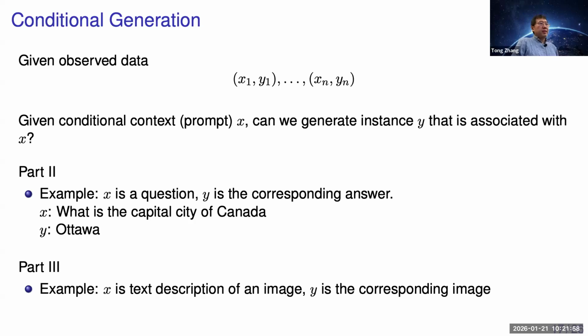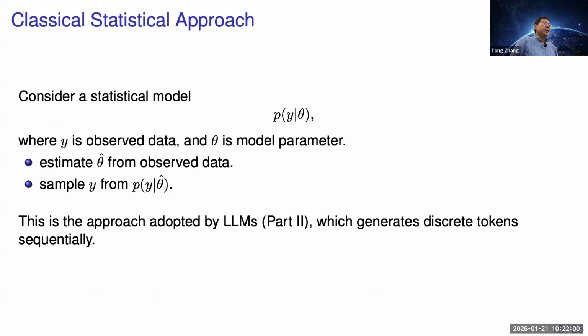In our class, we are more interested in the underlying models for this kind of method. So basically, what is a model? If we start with a model, the classical statistical approach is still relevant for this kind of generation. We want to model a distribution of y. This is for the unconditional case, but we can make it conditional as well.